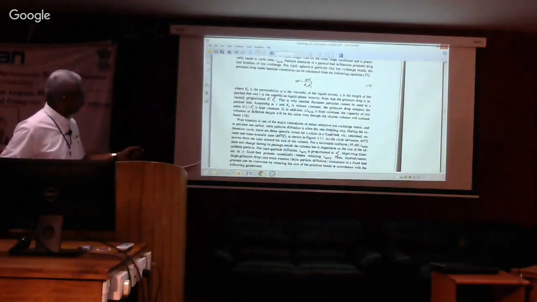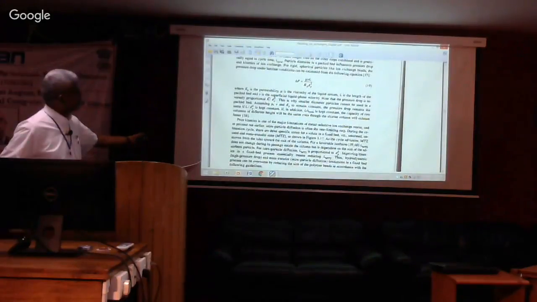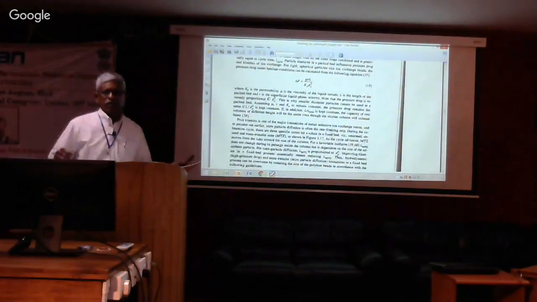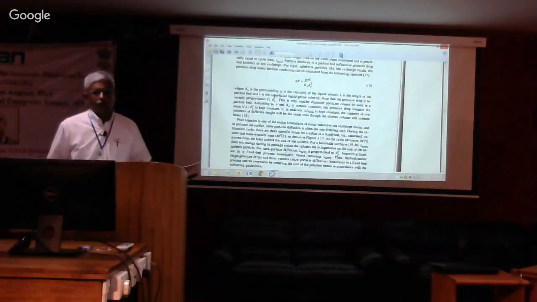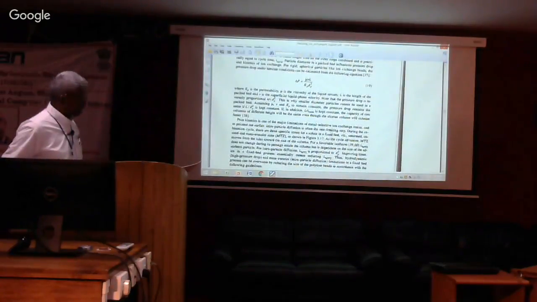The advantage of the short bed is that we have a much smaller L. The disadvantage is we have a much smaller D sub P. If you just have a much smaller particle diameter and keep the L the same, then the head loss would become unbearable. So we take very fine resin particles, but in order that the column will not be subject to very severe head loss, we reduce the length.